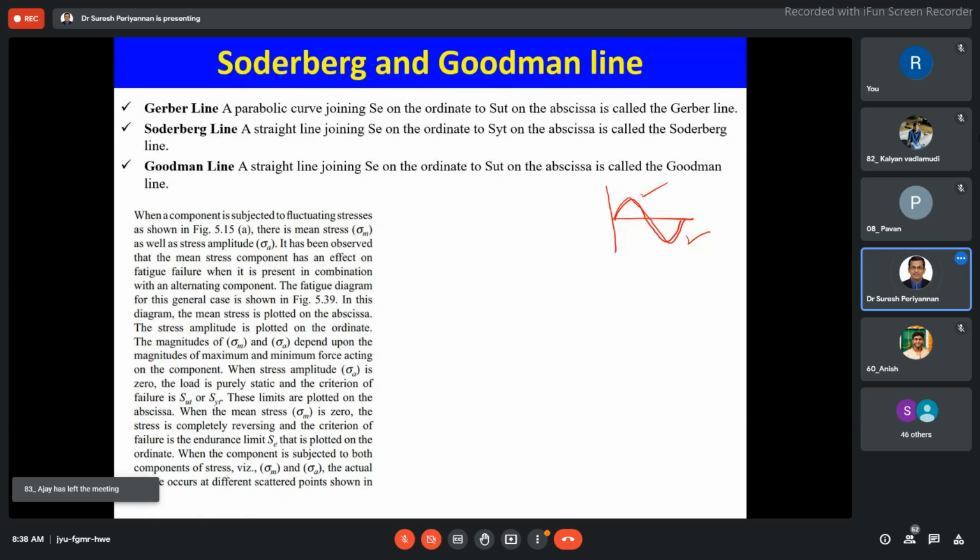Hence, the sigma mean in this case is 0. Sigma mean is equal to sigma max plus sigma minimum divided by 2. Hence in this case sigma mean is 0. Whatever we discussed in the completely reversed load case, the component life design based on infinite life and finite life, sigma mean is going to be 0.